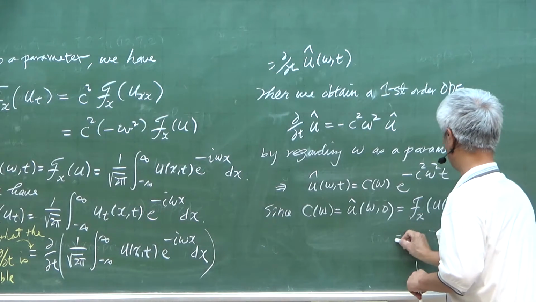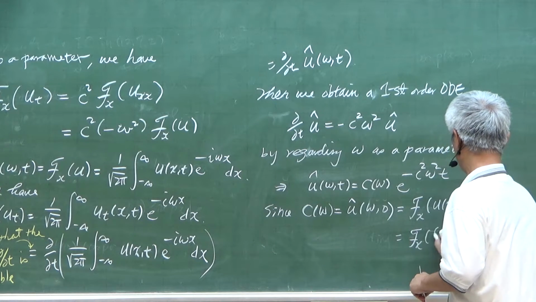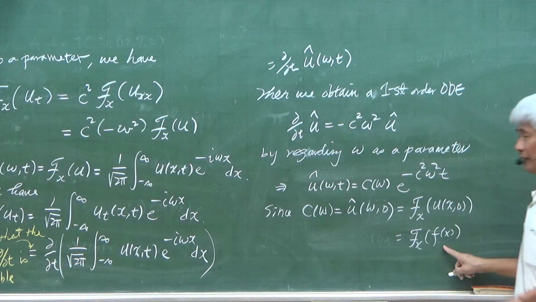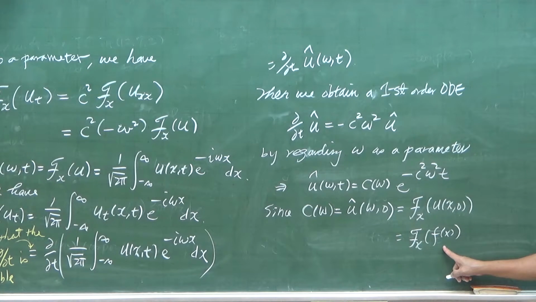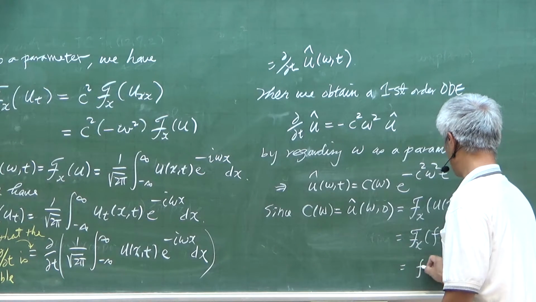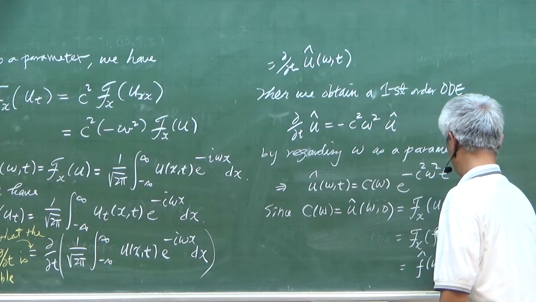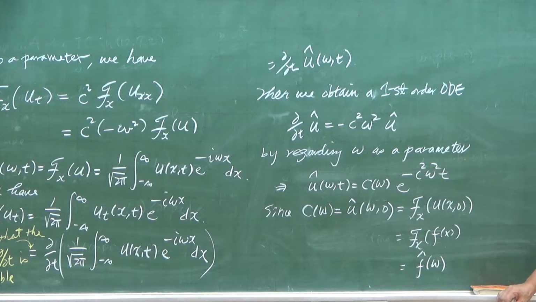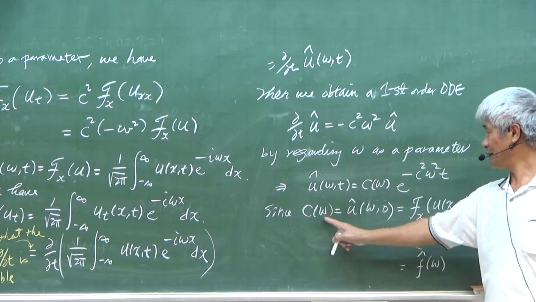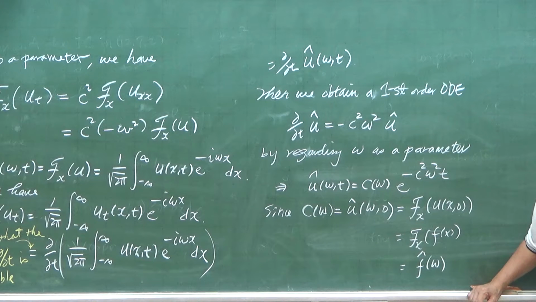And what is that? By our initial condition, it's f of x. So this is just the Fourier transform of f. So C of omega is just f hat of omega. Okay?